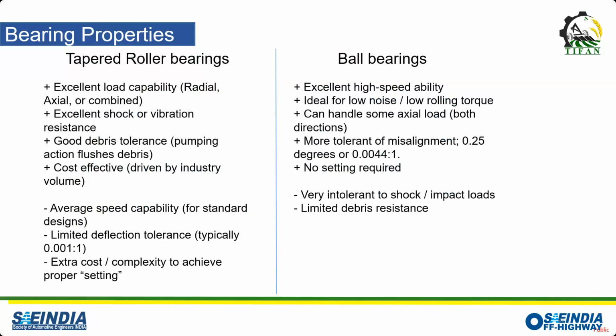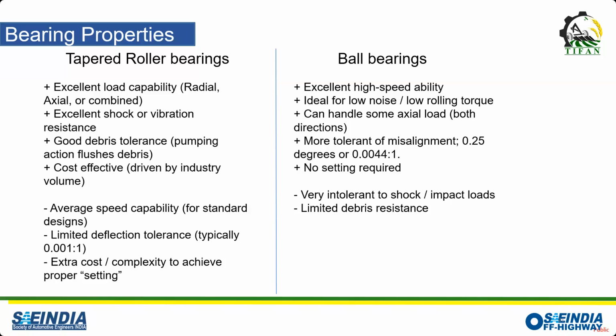Taper roller bearings are excellent for radial or combined loads, with excellent shock and vibration resistance and good debris tolerance, right? Because they are all covered. And cost effective, driven by industry volume. Most likely you will get all these at high cost if you compare with the same kind of ball bearing for the same application. You see, the cost is very high for the taper roller bearing, right?